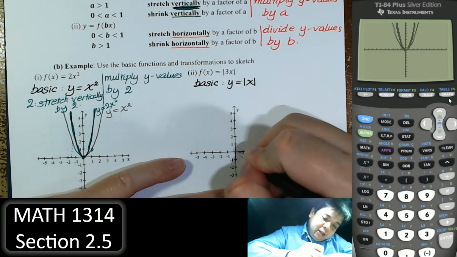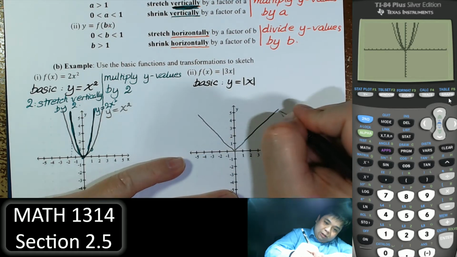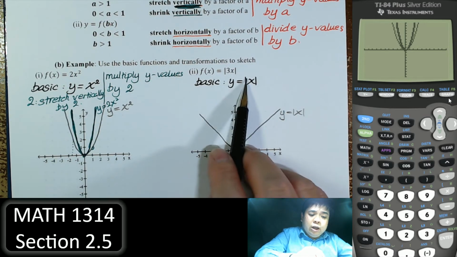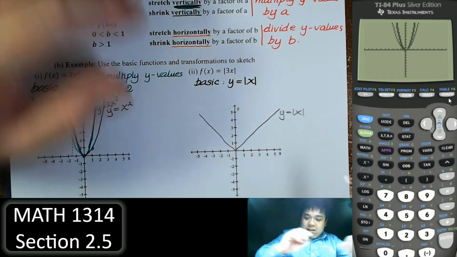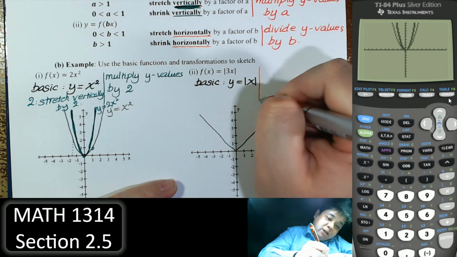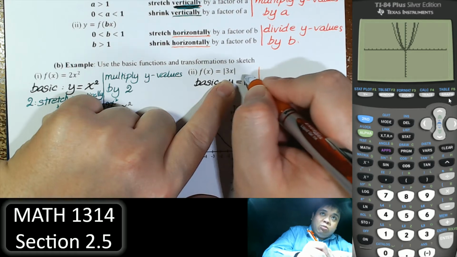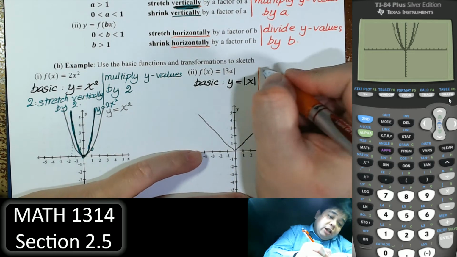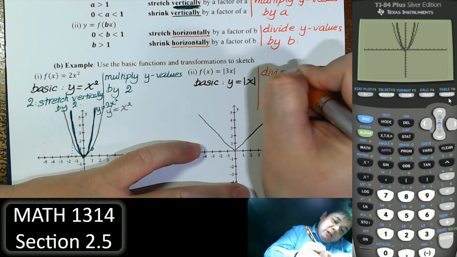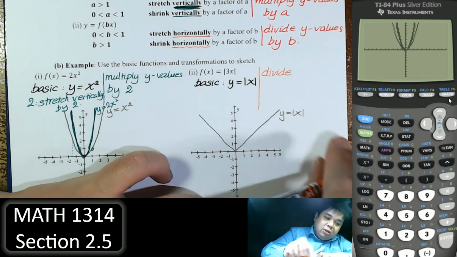That is a V. Next, obviously we're going to put the 3 multiplied with x, but whenever we do it for x, we have to do it in the reverse manner. So in this case, instead of multiplying, we actually divide. Multiply x by 3, but remember it has to be in the reverse manner. So divide the x values by 3. I'm sorry, this should be the x values.